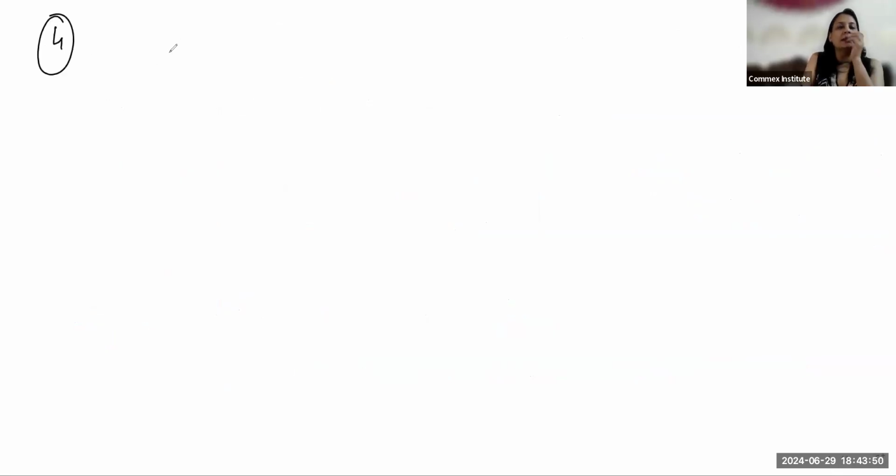Coming on to the fourth one, your unearned income. Unearned income is income received but not earned. This is what we call income received in advance.